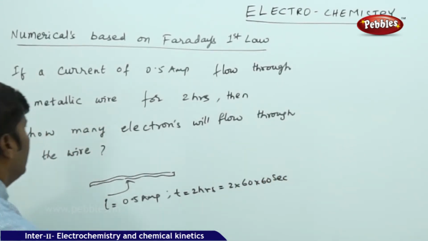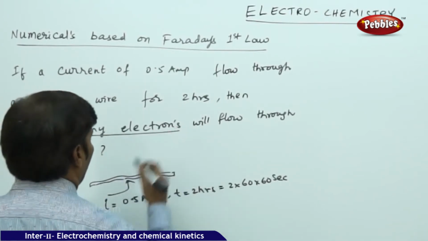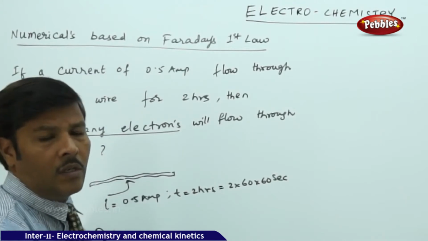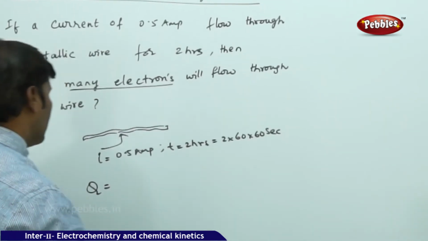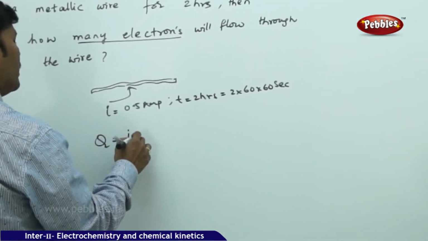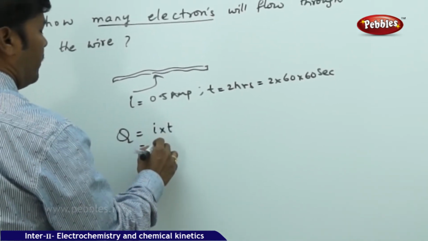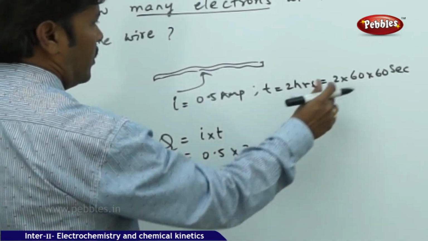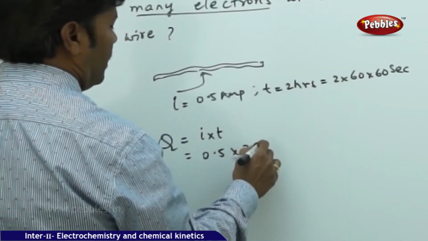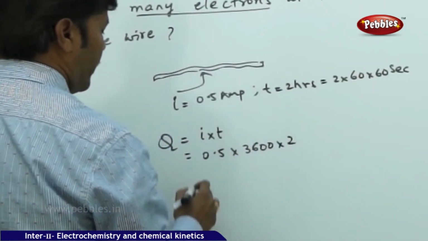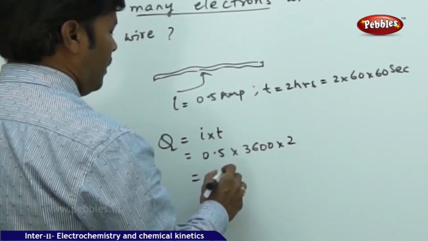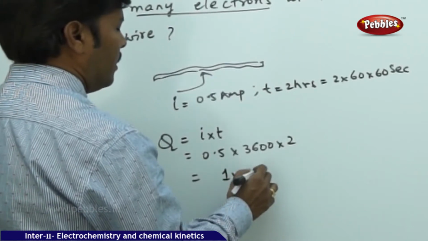Because it is asking us to calculate how many electrons, the best thing we can do is use the formula for the quantity of electricity passed through the conducting wire, Q is equal to I into t. So I is 0.5 amperes into time 2 into 3600. 0.5 into 2 is nothing but 1, so 1 into 3600.